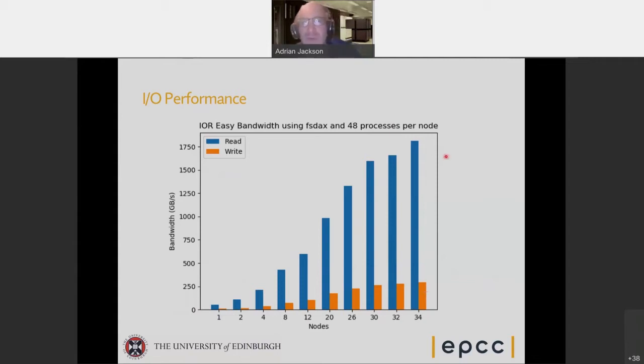When we benchmark it, we can get slightly over 2 terabytes a second of read performance, and about 300 or 400 gigabytes a second of write performance, using only 32 or 34 nodes. That's great if you compare it to the performance of the fastest file systems in the world. It's very similar to the top systems out there in terms of read and write performance, but we're using a fraction of the resources here.